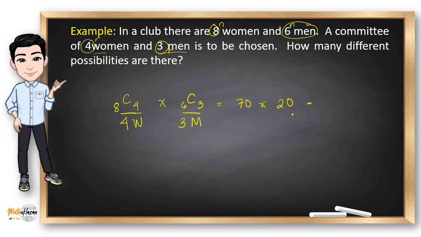So all you need to do now is to multiply 70 and 20 for you to get 1,400. So in this problem, there are 1,400 ways for us to arrange a set of 4 women and 3 men in a committee.